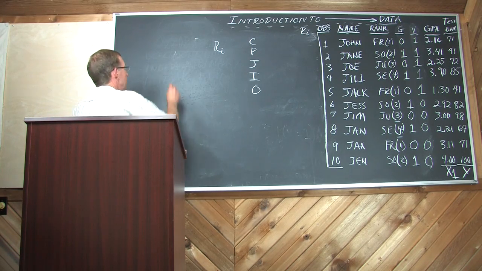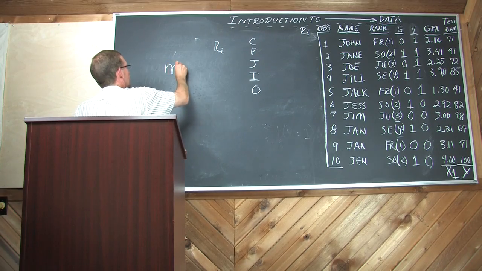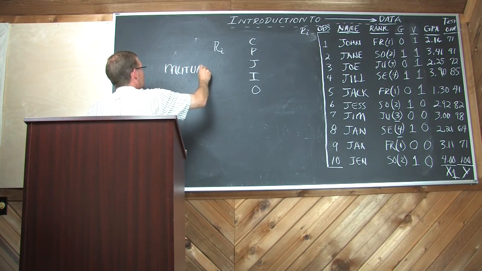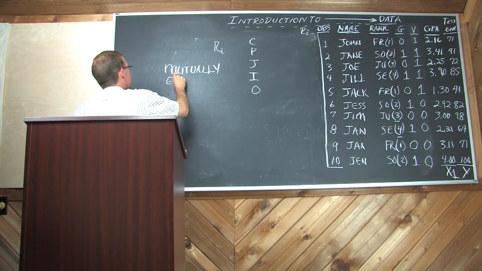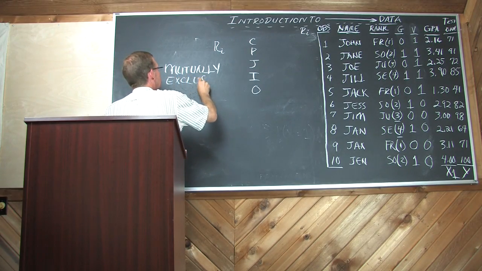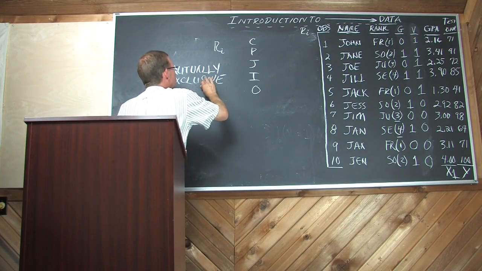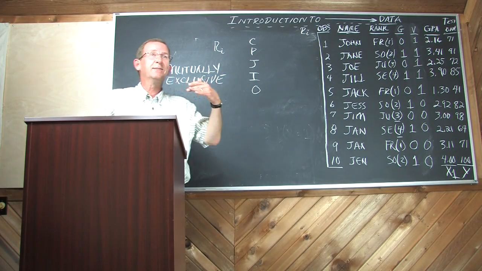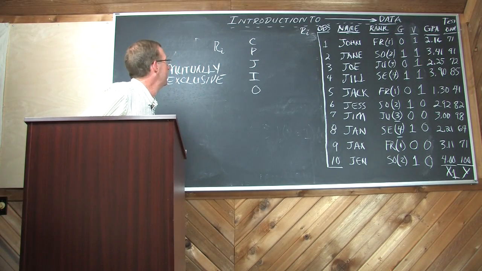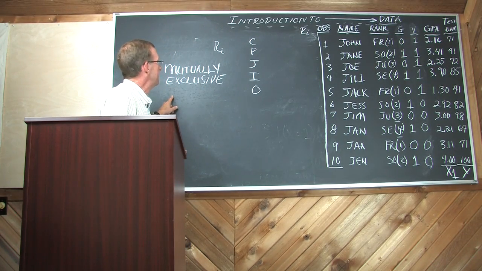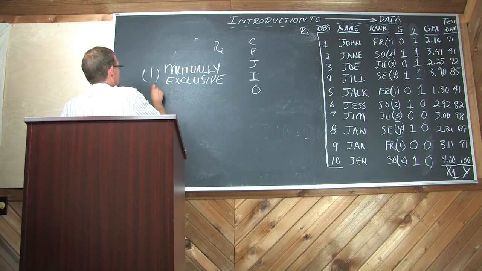They are mutually exclusive, or they're going to be mutually exclusive when, at least when I require respondents to a survey to choose one and only one of those categories. And they are exhaustive.